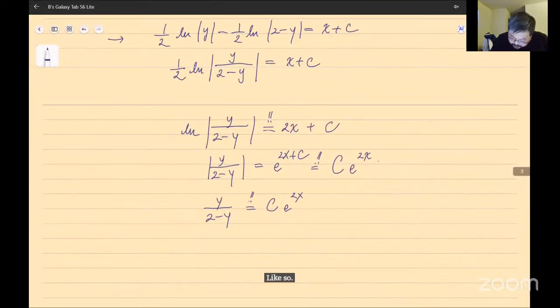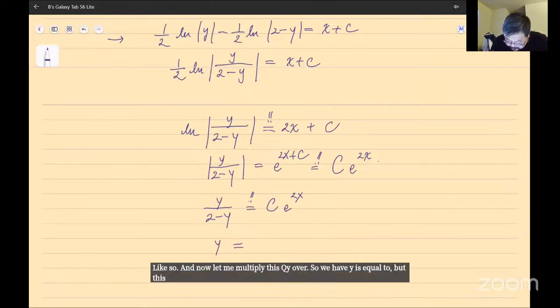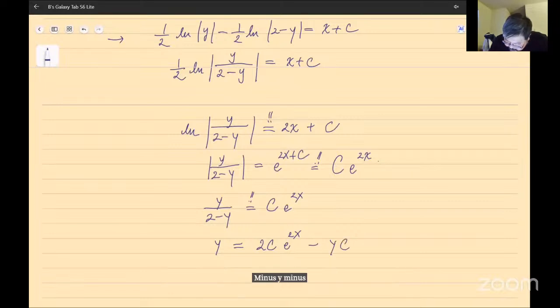And now let me multiply this 2 minus y over, so we have y is equal to, but this time I have to be careful. Watch this. If I multiply both sides by 2 minus y, I get 2c e to the 2x minus y c times e to the 2x, correct?